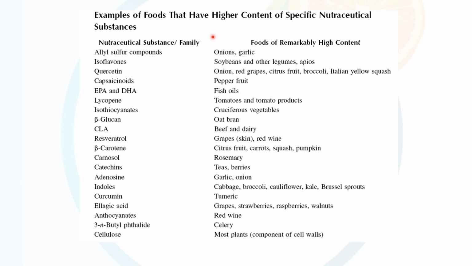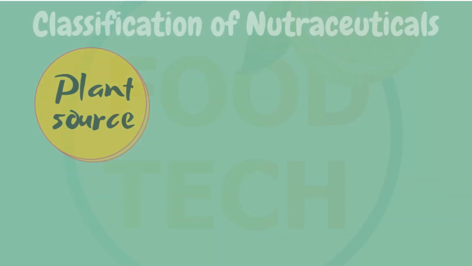I have given you some examples, and from that you can get to know about different nutraceutical or chemical substances present in food. This might help you in your day-to-day consumption.